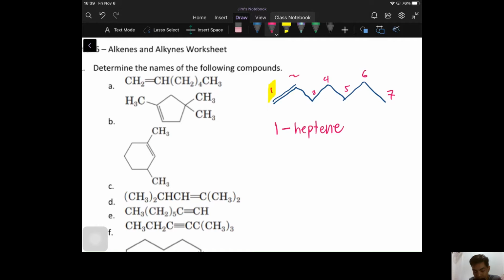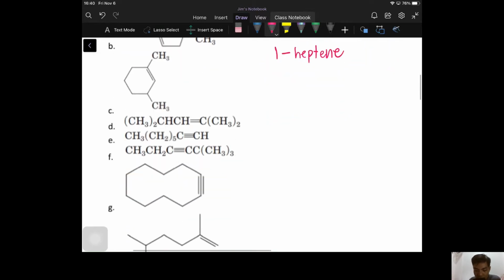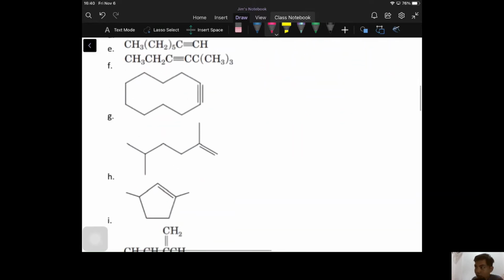I-draw nyo muna yung Lewis structure, o kahit di na, basta i-draw nyo na yung line angle formula. Then after that, maglagay kayo ng locants, left to right, right to left. Always give the lowest number for your alkenes. Then still the same process as alkanes. So sana master nyo na yung alkanes. Let's have letter H.